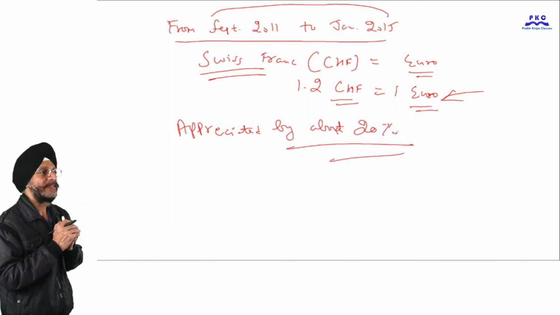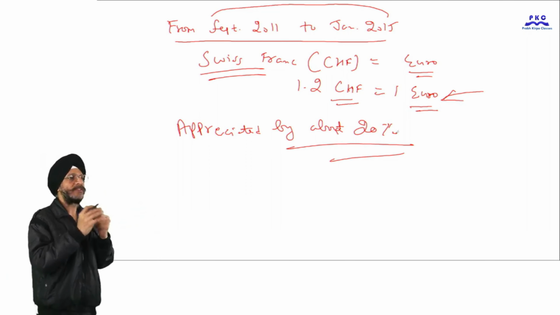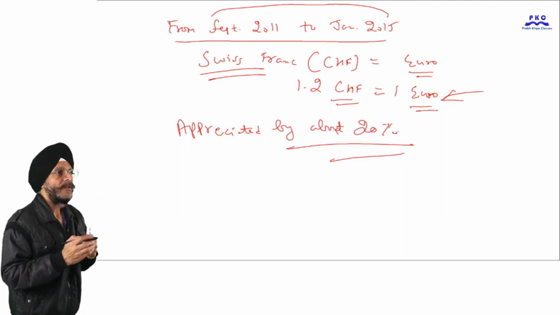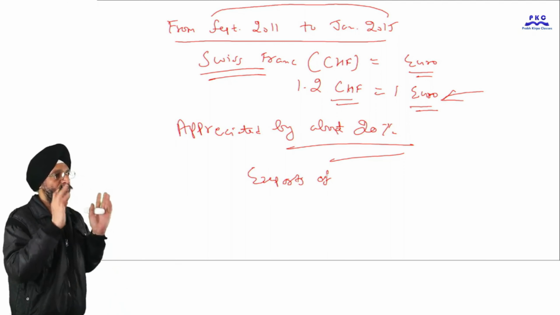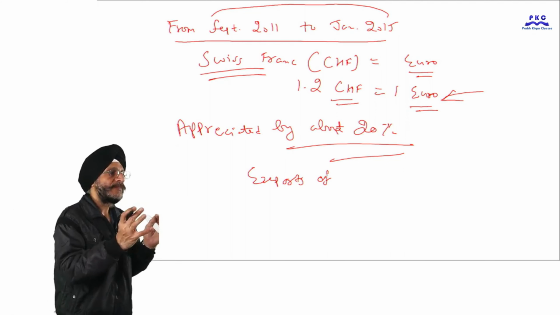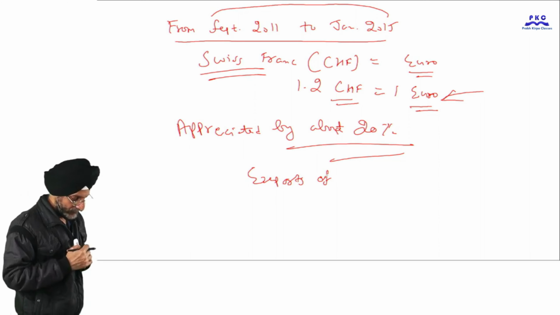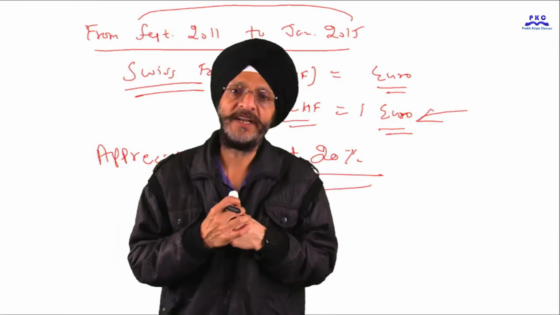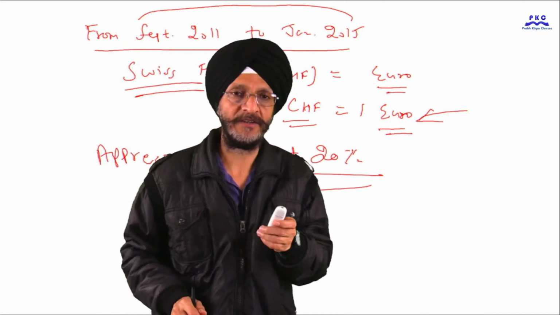All of us know that Switzerland is very famous for its watches and other things. So, due to the appreciation of the Swiss franc, the exports of Swiss goods became expensive for the foreign buyers. When the exports became expensive, it also adversely affected the exports of that country.